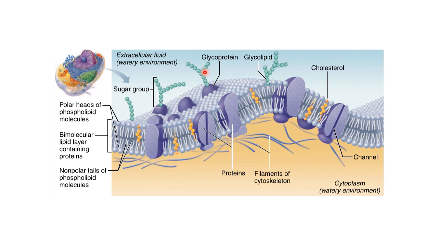Because of that sugar group. So for example, if there is a bacterial cell which is an invader, a pathogen, iba yung sugar group na kanyang ini-express. So malalaman ng katawan na hindi yan galing dito, hindi yan parte ng human body. Okay?